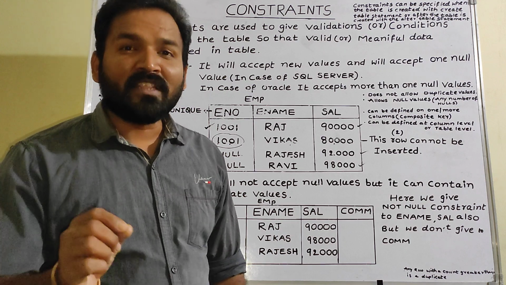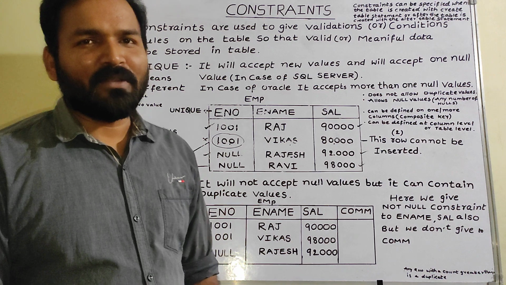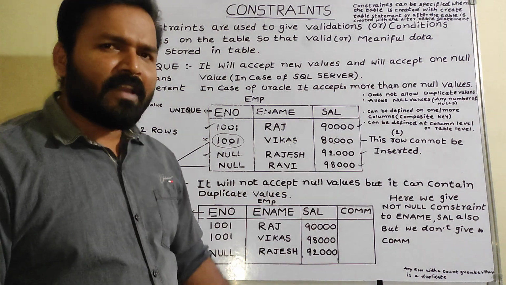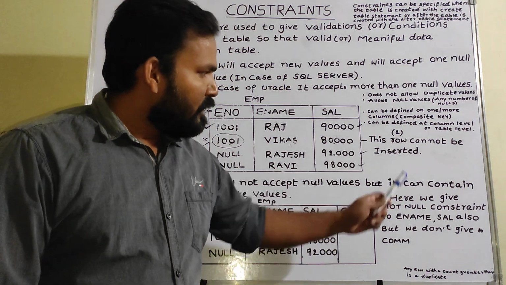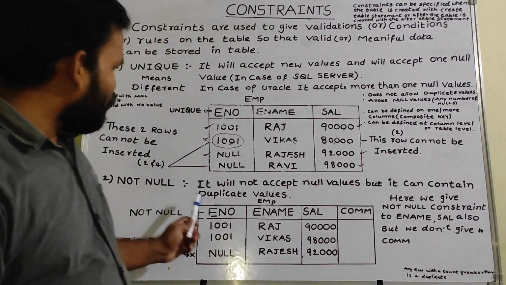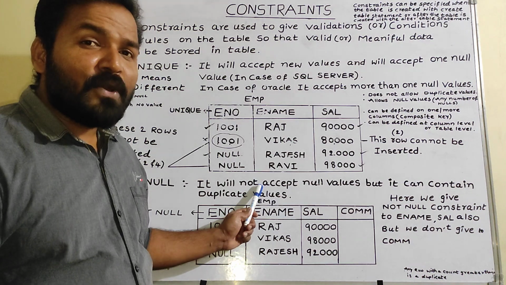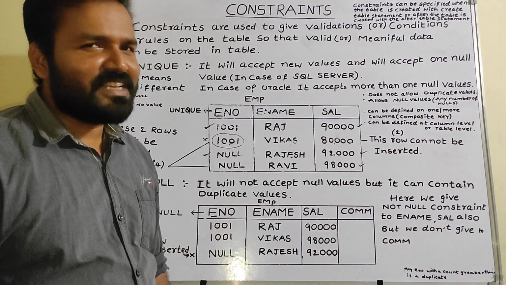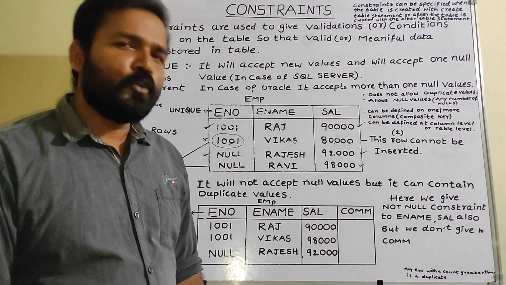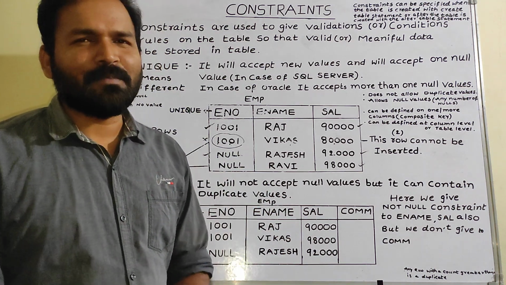So the not null constraint will not accept null values, but it can contain duplicate values.